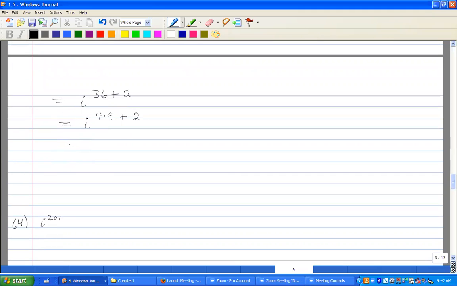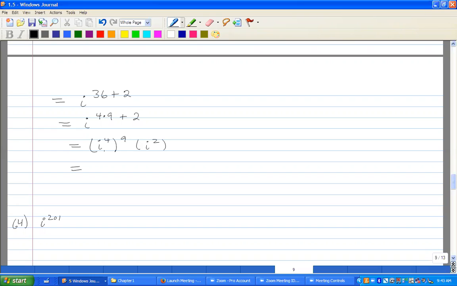And so this is equal to I to the 4th to the 9th times, well, I squared by the properties of exponents.